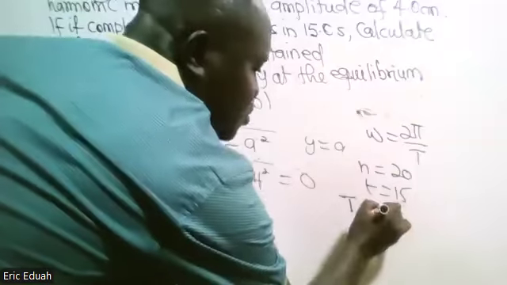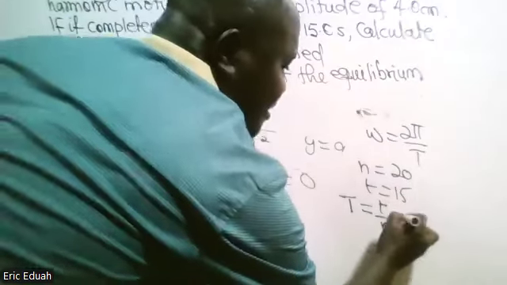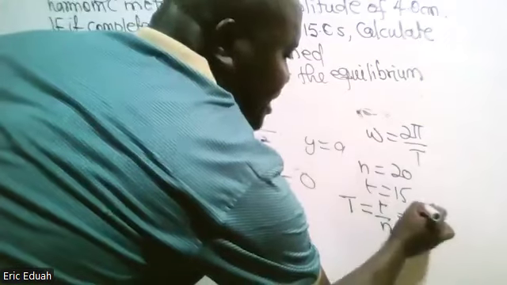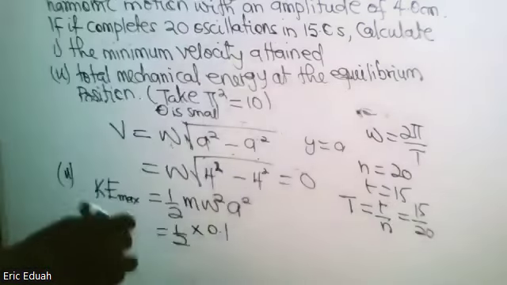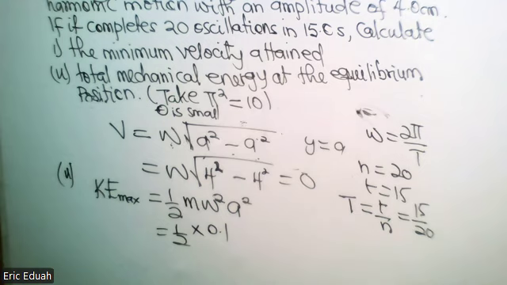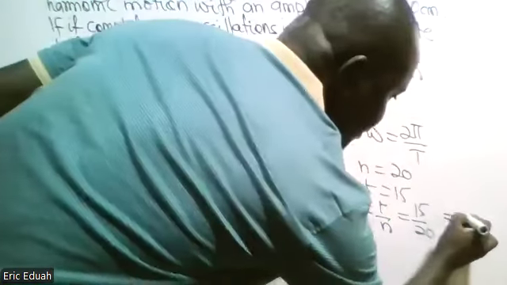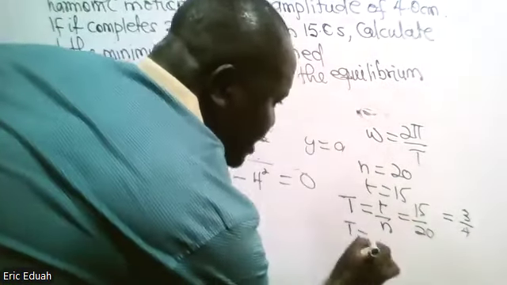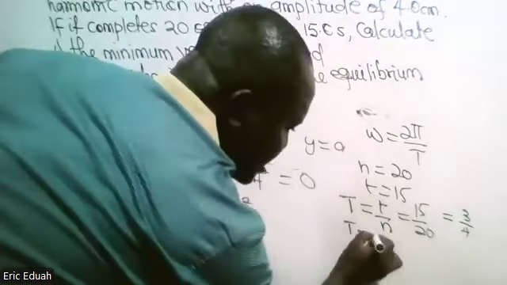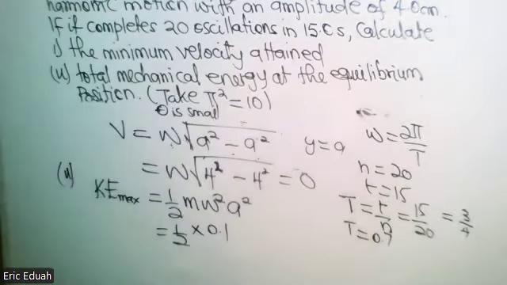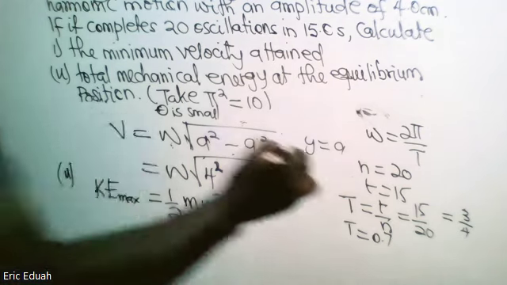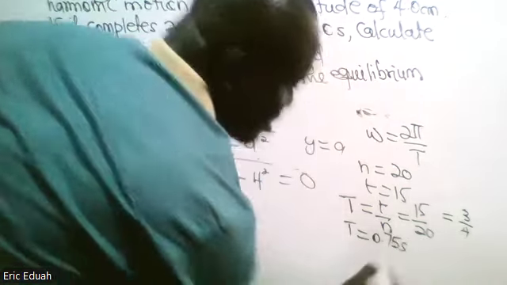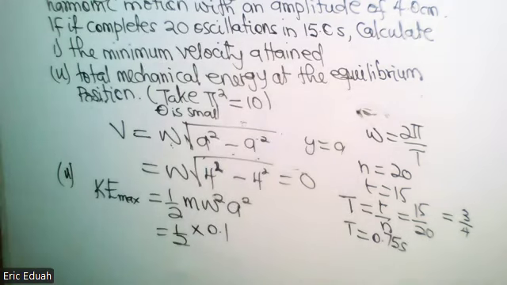Period therefore will be equal to small t over n, which is 15 divided by 20. And this is equal to 3/4. 3/4 in decimal is equal to 0.75.